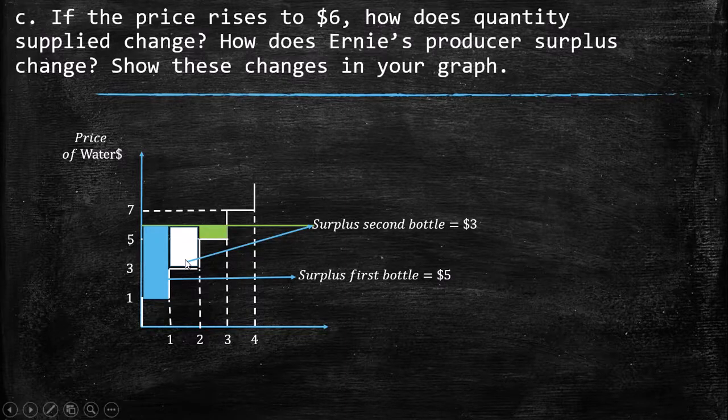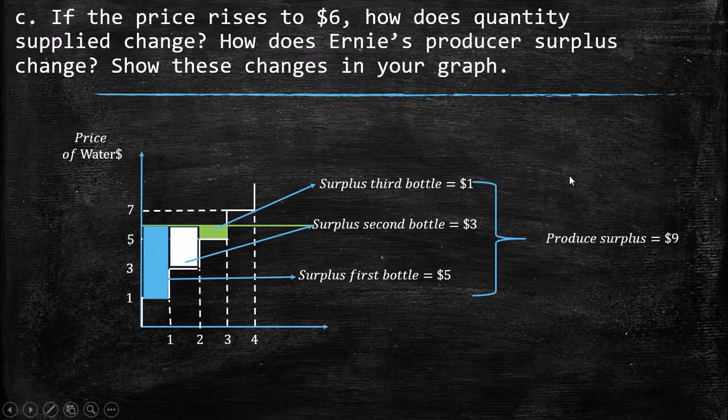And the last bottle, he will sell even for $5, but instead of selling it for $5, he will sell it for $6. So it's going to be a surplus of 1. So when I add up, we have 9 as producer surplus.